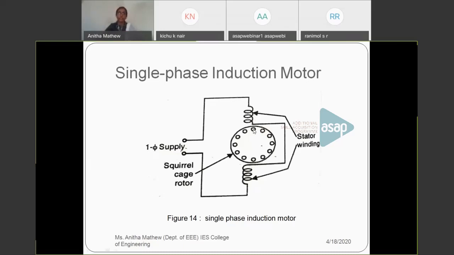It cannot cut the rotor conductors. When rotor conductors are not cut by the flux, what will happen? No EMF will be induced, and with no EMF, no induced current will be produced. Thus, the single phase induction motor is not self-starting. Important question for KTU students.